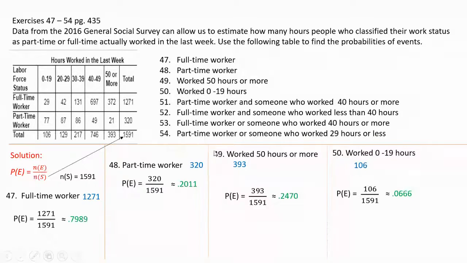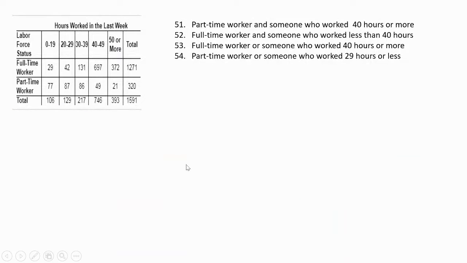Okay. Now, 51 through 54, a little bit more challenging, especially the last two. I'm going to do one of each, okay? On the next page here. Check this out. A part-time worker and someone who worked 40 hours or more. So again, the solution is still my sample space is going to be 1591.